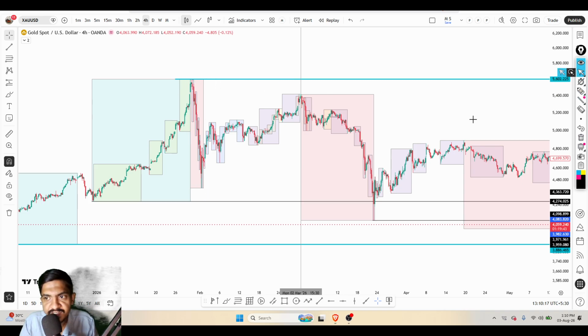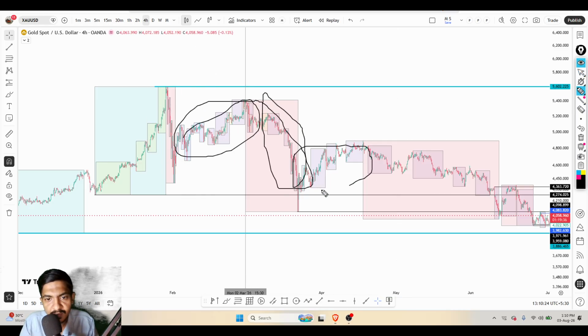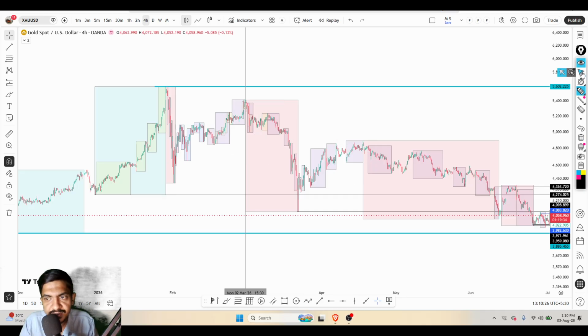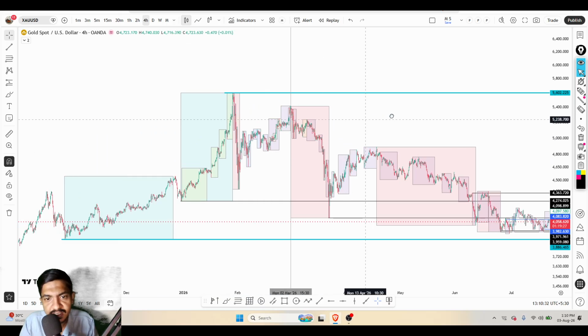I'll be deleting all the 15 minute market structure markings so you can see it better. In the next video, I'll make sure I delete everything and make it neat and clean.